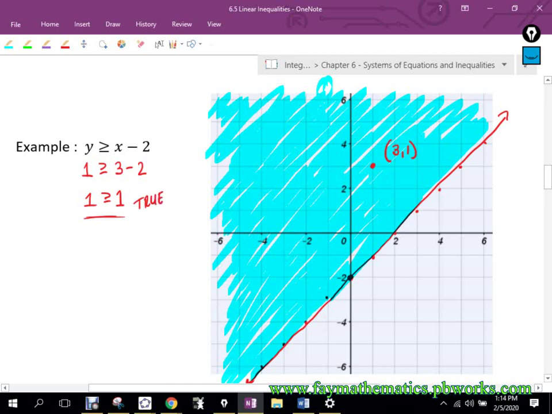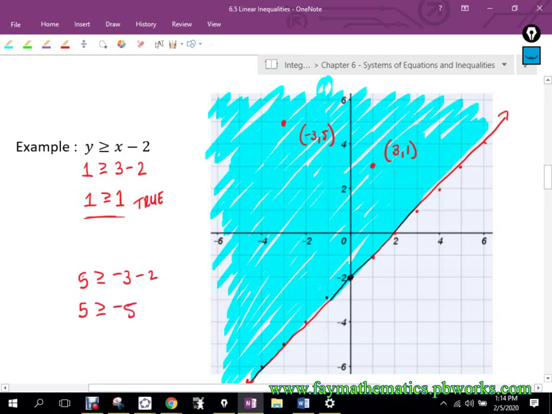So that's true. If I try an ordered pair like -3, 5, so y is 5, x is -3, and then subtract this 2. When I evaluate that, 5 is greater than or equal to -5.